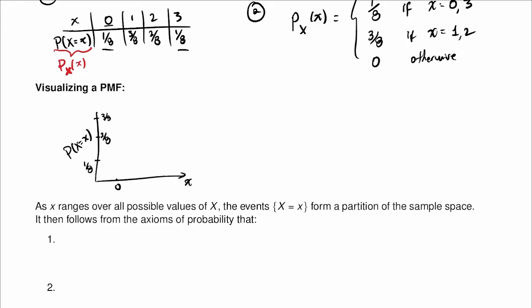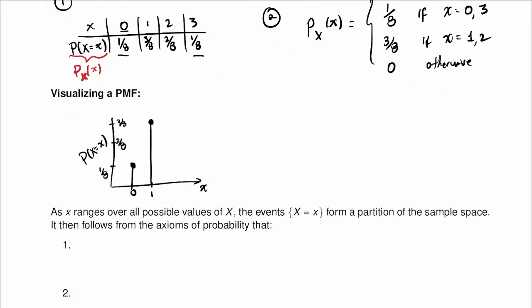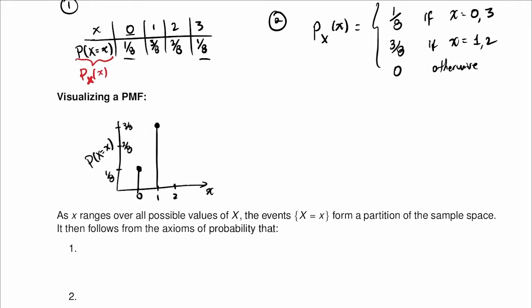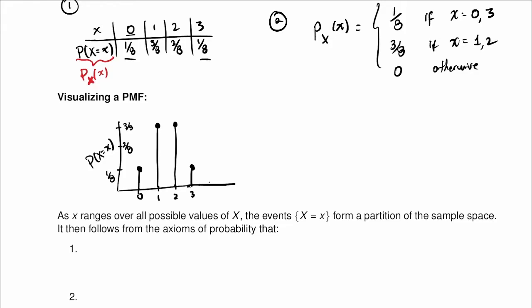At 0 we plot this point over here indicating that the probability is 1 over 8. At 1, it is going to be 3 over 8, so it's over here, and this point indicates that the probability is 3 over 8. 2 is the same, and at 3 we have 1 over 8. For the rest of the numbers, like 4 or 5, the probability is 0.